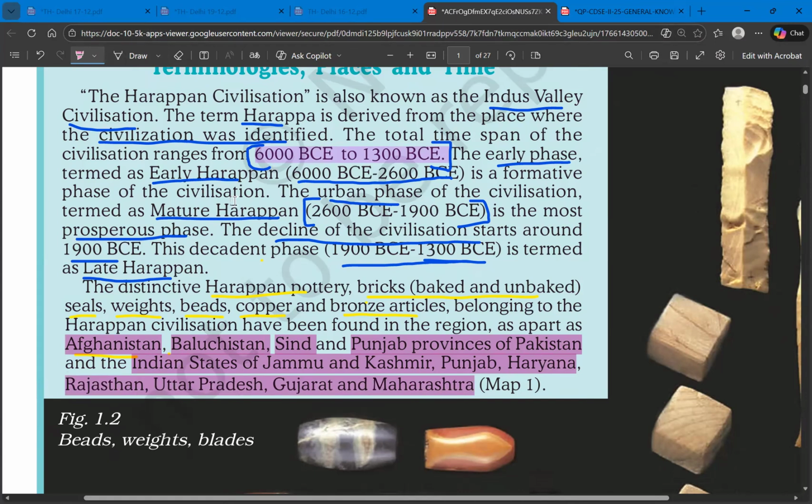So these are the places where materials related to Harappan civilization were found.